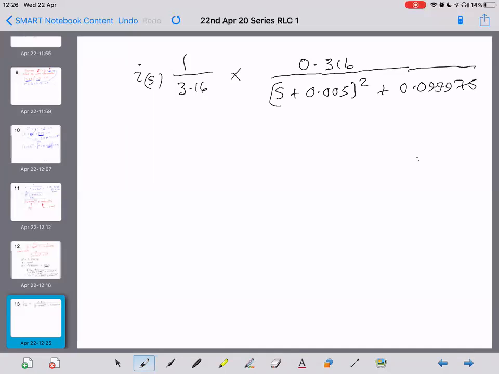Yeah, we've got a constant multiplier times a damped sine wave.